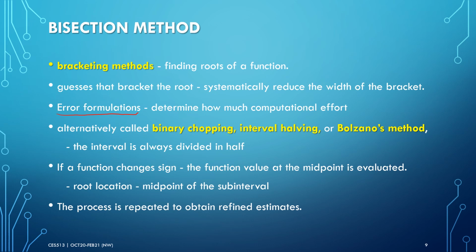The bisection method, which is sometimes also called binary chopping, interval halving, or Bolzano's method, is one type of incremental search method in which the interval is always divided into half.